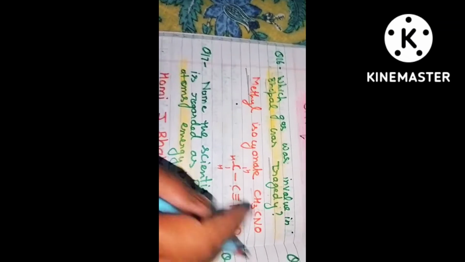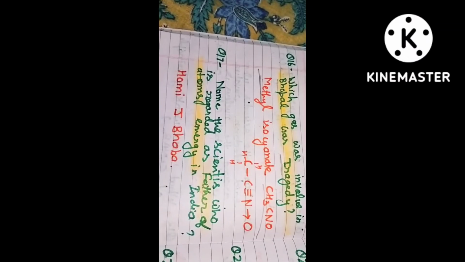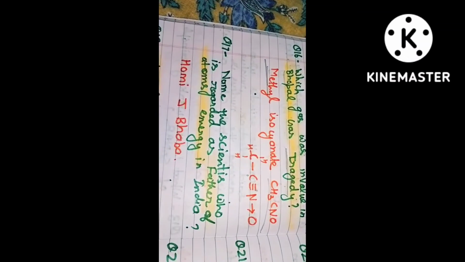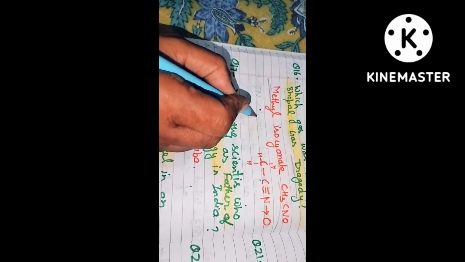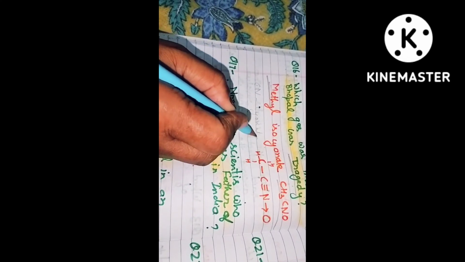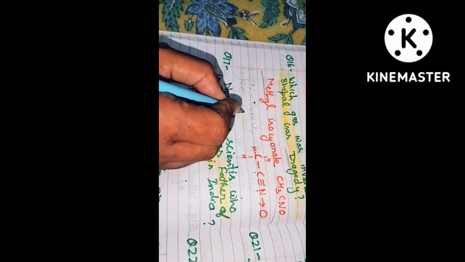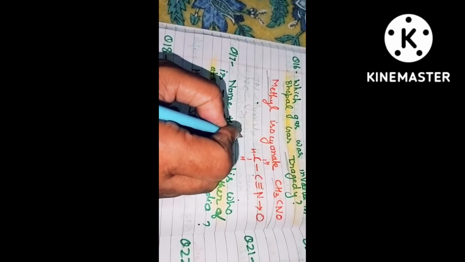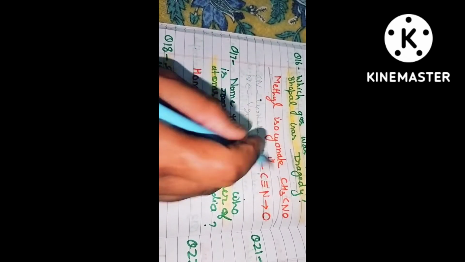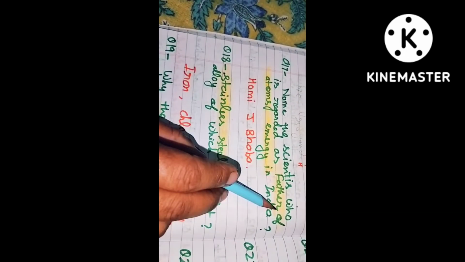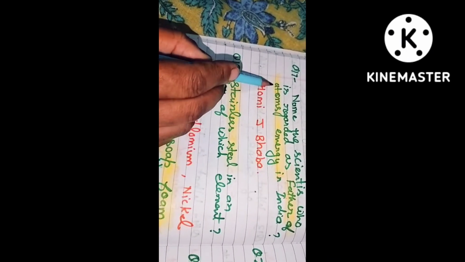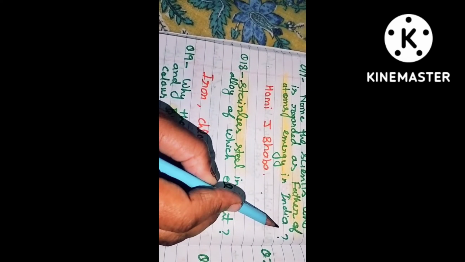This formula is CH3NCO. The cyanide group is CN, while NC is the isocyanide group, like this in methyl isocyanate.